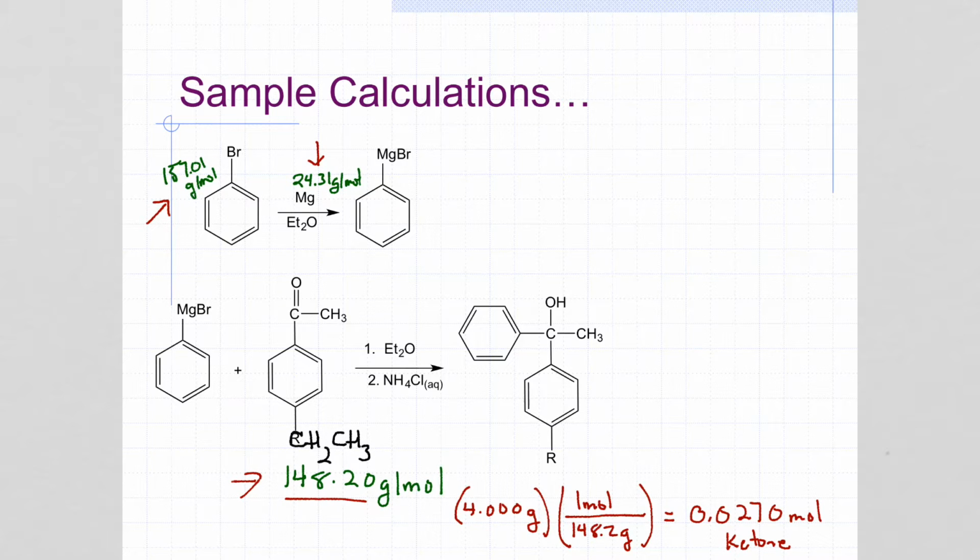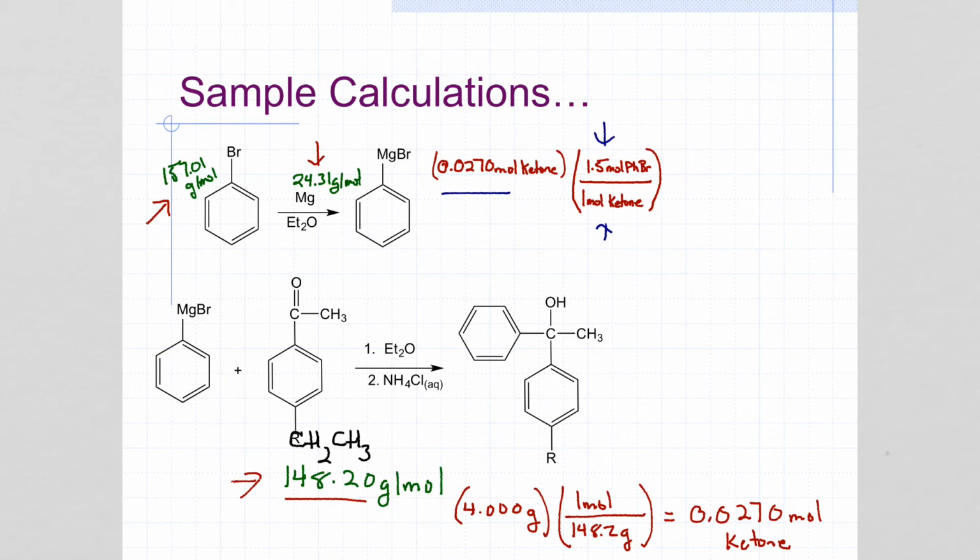Now we need to figure out how many moles and then how many grams of bromobenzene we need. We use the stoichiometry of the reaction here, and we know that for every 1 mole of ketone, we need to use 1.5 moles of bromobenzene.